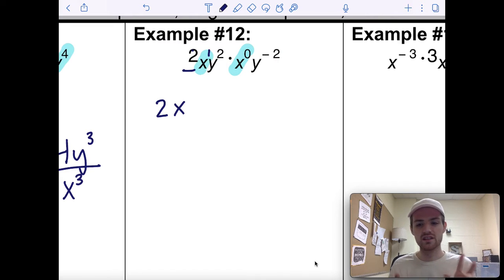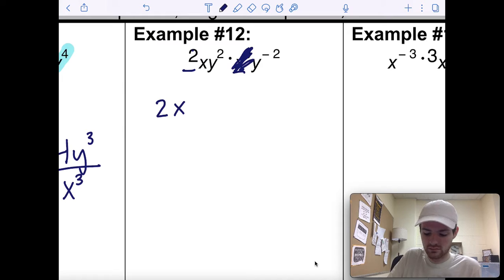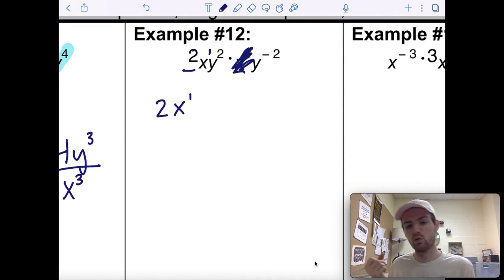There's 2 different ways to do it. I'll show you the first. Because we see this x to the 0, that's just going to cancel out to be 1, so we can really cross it out and kind of forget it exists. Which means for our x's, we only have 1x.